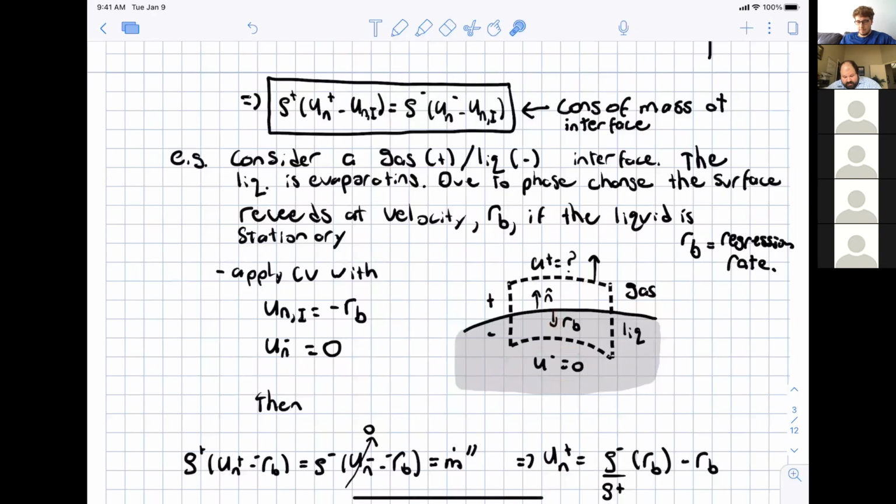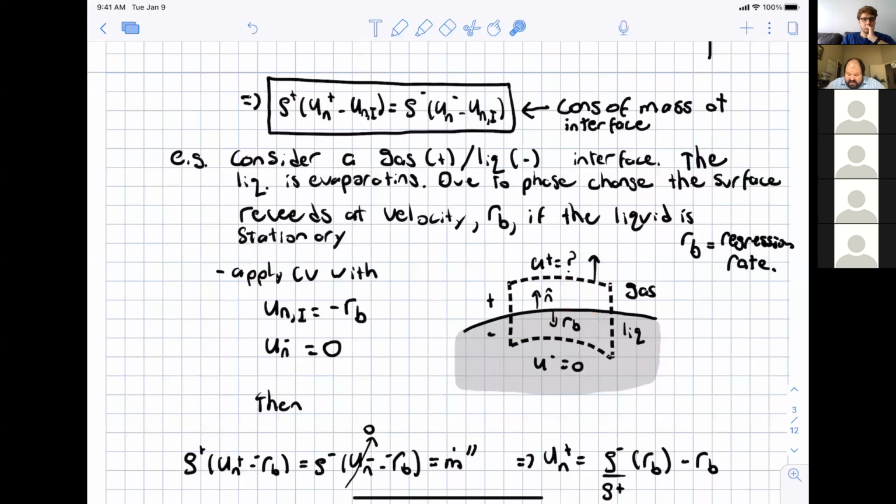That means that the normal velocity, u_n minus, is equal to 0. And we are defining our surface to be moving down at some velocity r_b. So u_n of the interface is minus r_b, because we're defining the positive direction pointing up into the positive fluid, and it's moving down in the negative direction.